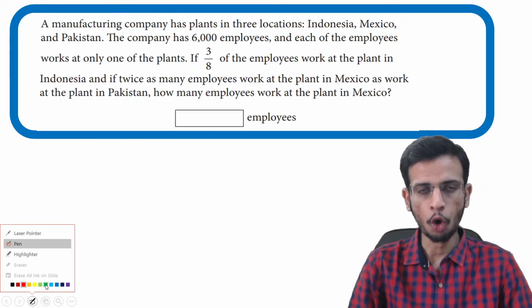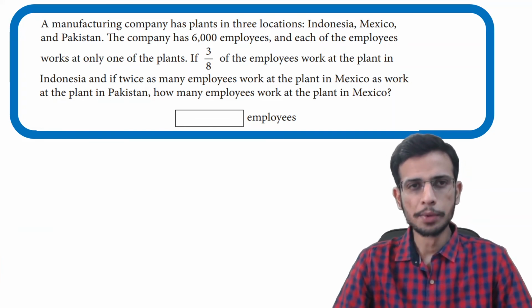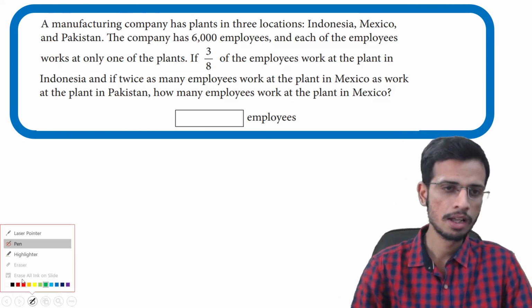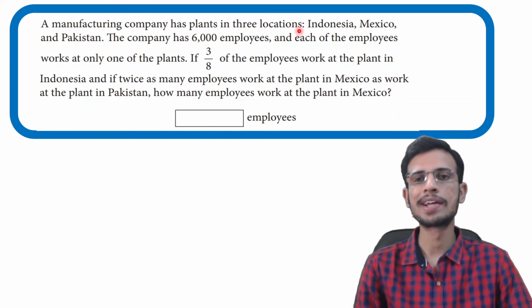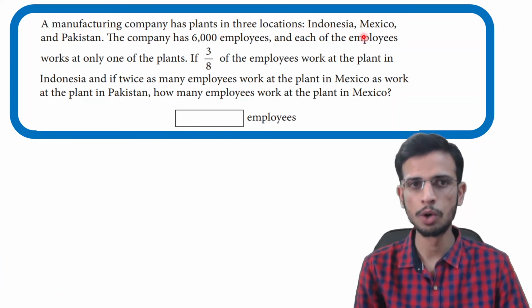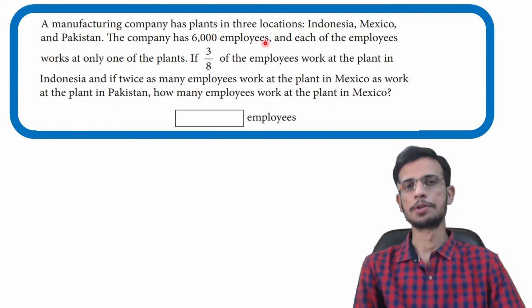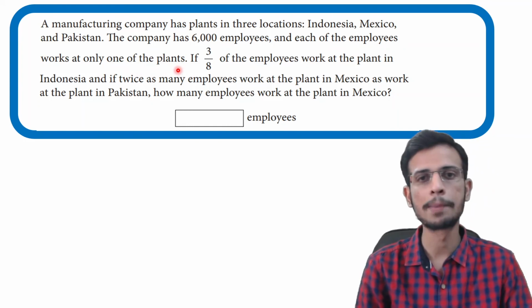This question is also a numerical entry type question. You can read the question, you can pause the video. I'll also read the question. A manufacturing company has plants in 3 locations: Indonesia, Mexico, and Pakistan. The company has 6,000 employees, and each of the employees works at only one of the plants.